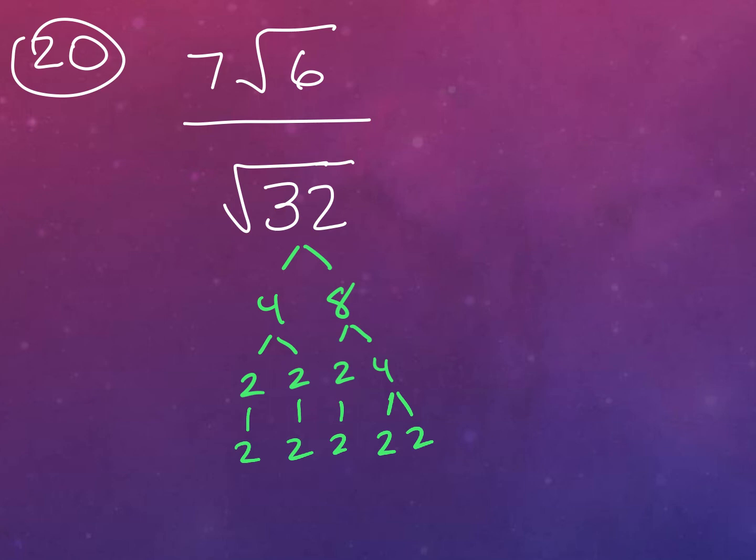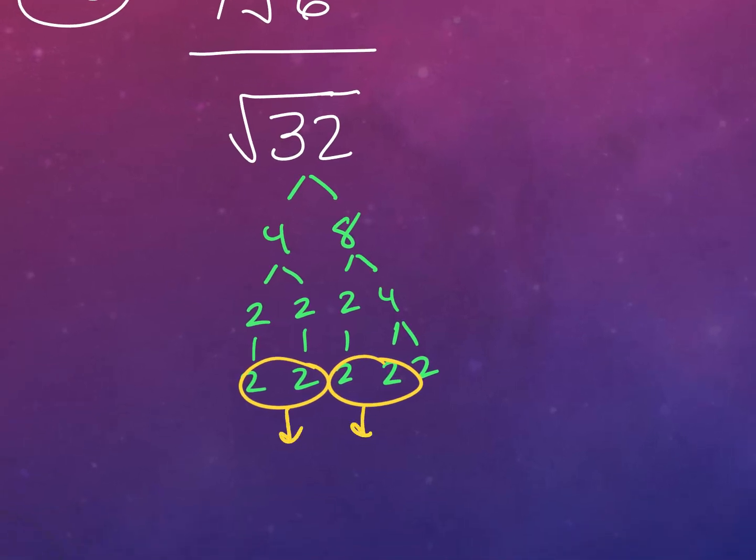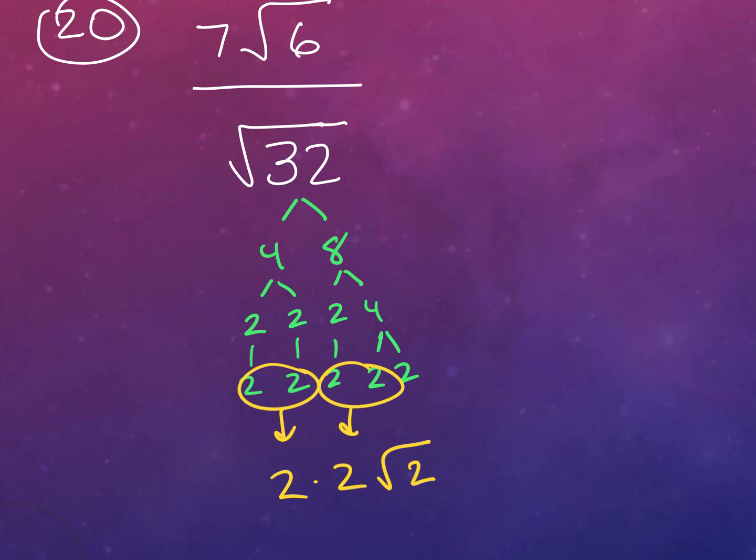So what should I circle here? The 2 pairs of 2. So what's going to come to the outside? How many 2s? 2 of them. 2 comes to the outside. And what stays on the inside? 2. So what does the square root 32 simplify to? 4 square root 2. Awesome.